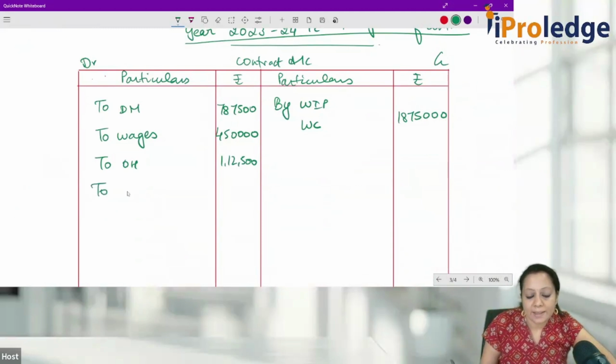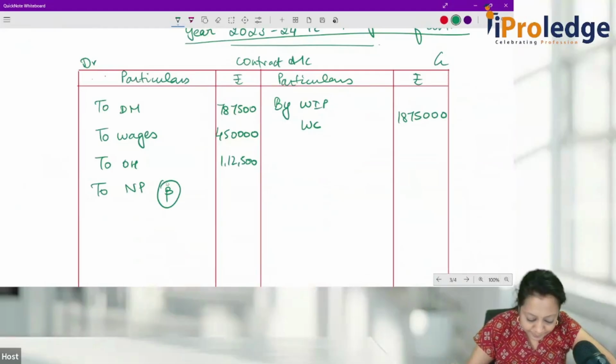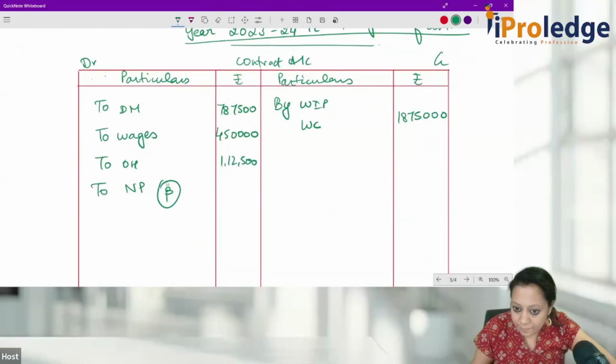So whatever is the balance will be notional profit. It is a balancing figure. Are we getting 5,25,000? Yes.